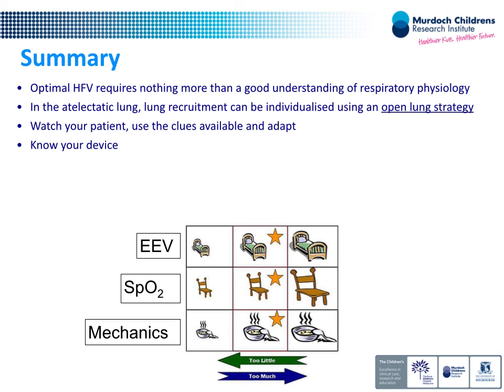And we talked a bit about this with diaphragmatic hernias yesterday, that I think the outcomes we see of diaphragmatic hernias are based on the fact that, as has happened in Anton's unit, everyone is focused on doing the same thing and being conscious of what's best to do. Watch your patient, use the information the baby gives you and adapt what you do based on what the baby tells you, and also probably you need to understand a bit about your device. And essentially, this is a Goldilocks principle. We're trying to find the ranges of volumes, mechanics and oxygenation that are just right, not too little and not too much.